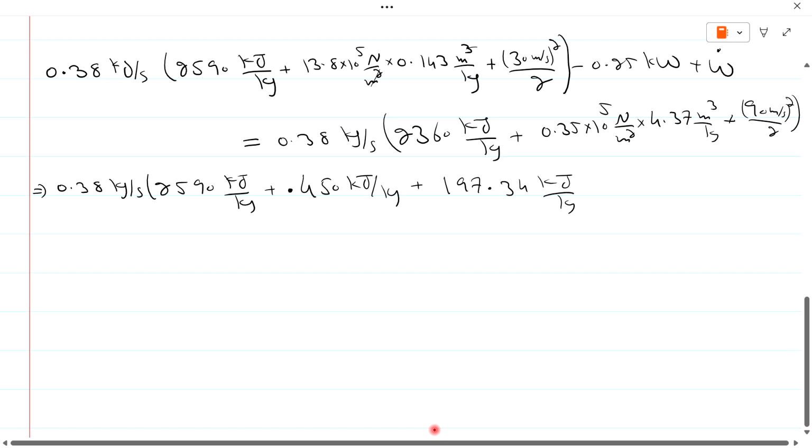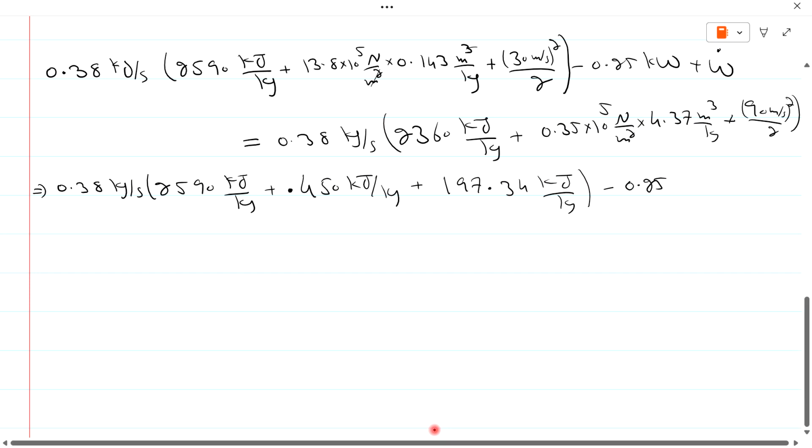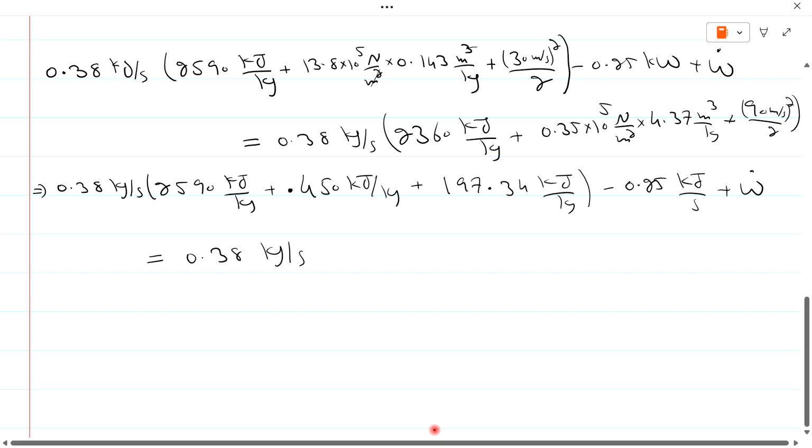This unit is joule per kg, so multiply these three terms and divide by 1000 to convert to kilo. Plus Q dot is equal to minus 0.25 kilowatt, or kilojoule per second, plus W dot is equal to m dot, 0.38 kilogram per second.